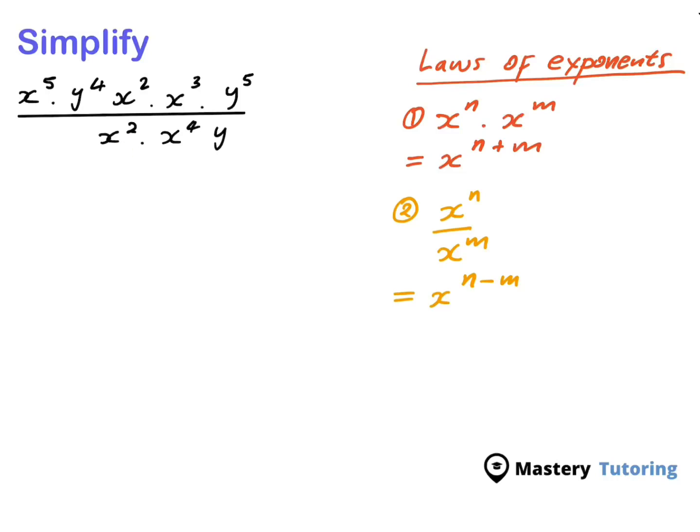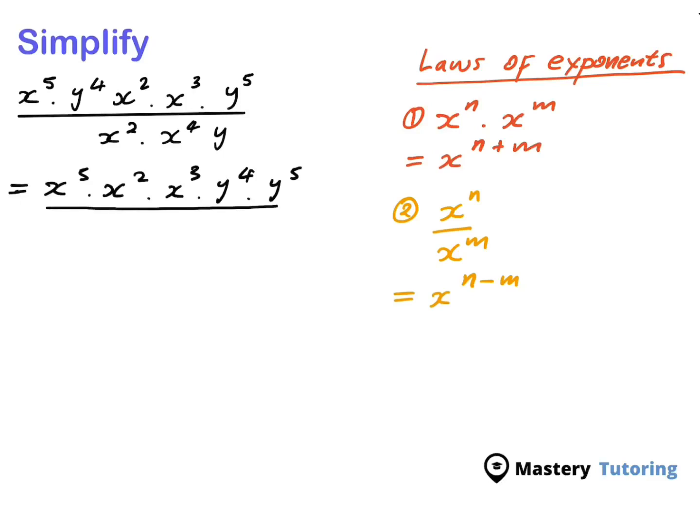So we can start solving the question now. The first thing I want us to do is group all the terms that have x together and all the terms that have y together as well. So we have x to the power of 5 multiplied by x to the power of 2 multiplied by x to the power of 3, multiplied by y to the power of 4 times y to the power of 5.